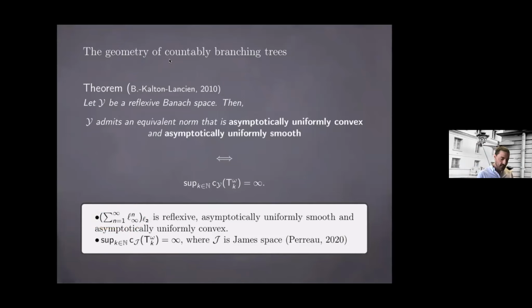Okay. Now there is a subtlety here, which is the following. Could we put reflexivity inside the statement there? Well, it was open for a while until Yoël Perreau said, well, no, you can't, because of Gurariy space. Gurariy space is non-reflexive, it is AUS and AUC-able, and yet you do not contain the countable branching trees.